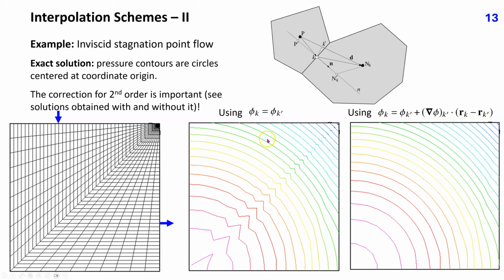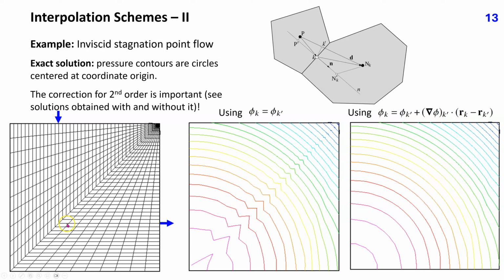The middle plot shows pressure contours computed when using linearly interpolated values from neighbor cell centers as an approximation for the face center value. For faces along the diagonal, the locations K prime and K do not coincide, because grid lines change their direction by 90 degrees. At all other faces, the two locations coincide.